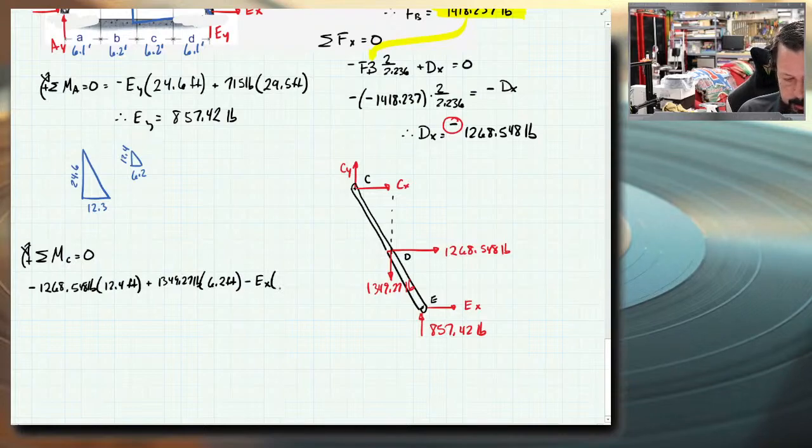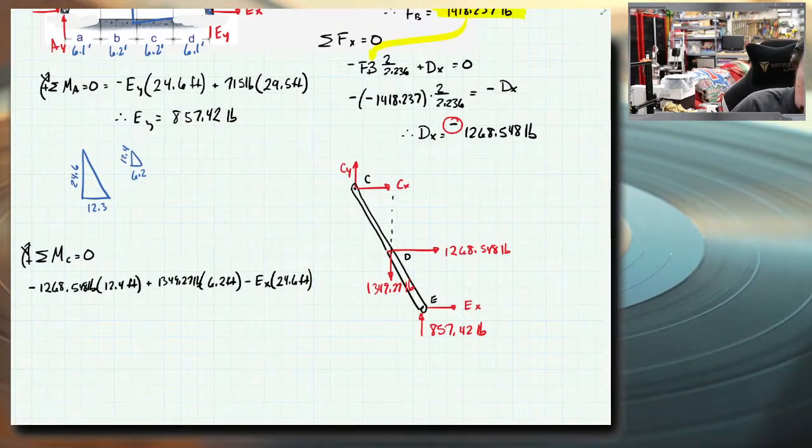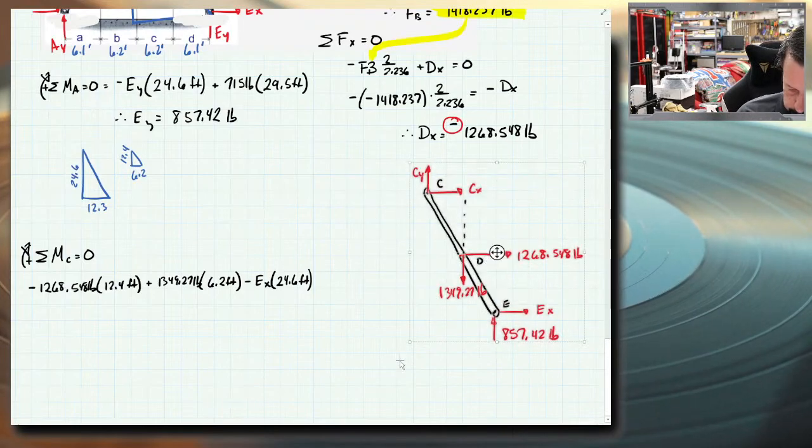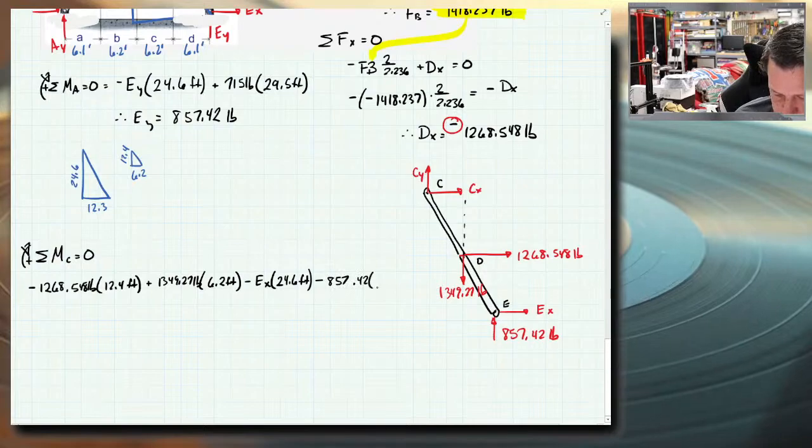It has a moment arm of that 24.6, the height of the entire frame. We might need to move this over a little bit more. 857 also goes around counterclockwise, so minus 857.42. Its moment arm is the 12.3, not the base of the triangle, I meant its moment arm. All of those have to add to 0.